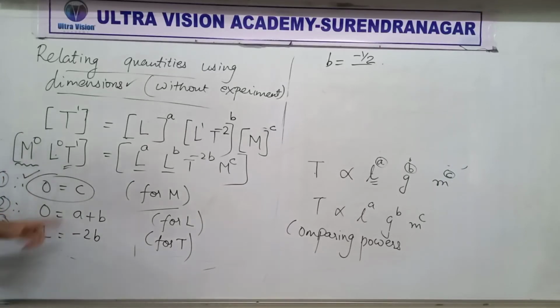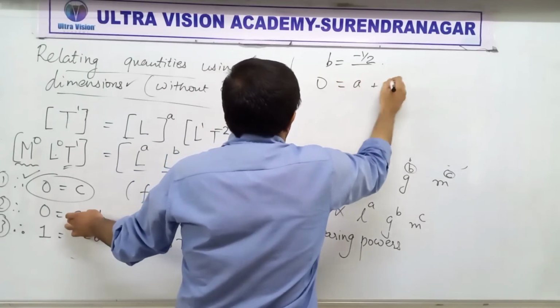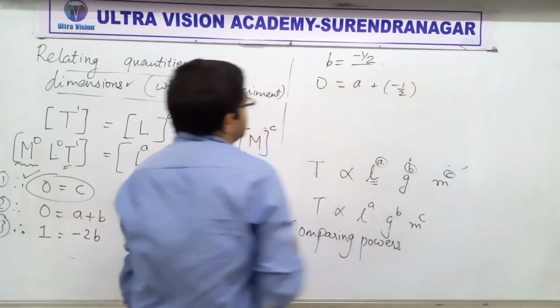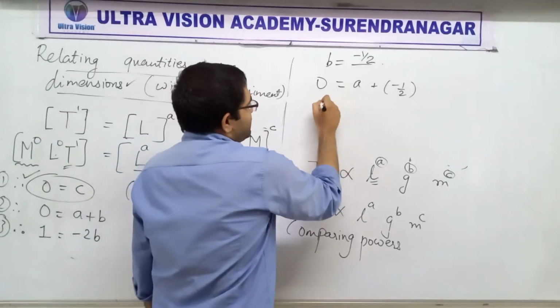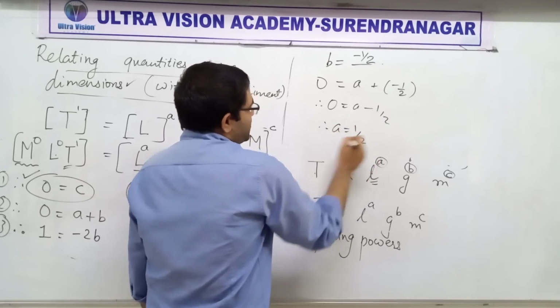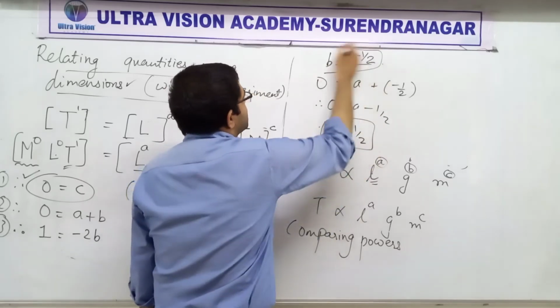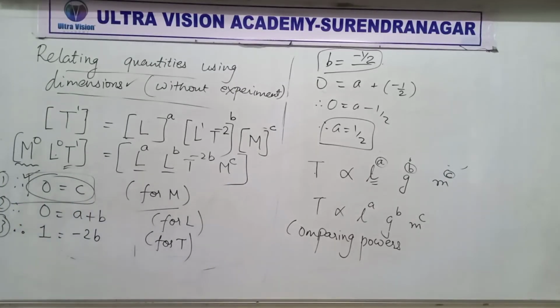When we put that value in the second one, we get 0 is equal to a plus minus 1 by 2. So 0 equals a minus 1 by 2, therefore a is equal to 1 by 2. So that's the final value. C is 0, a is 1 by 2, b is minus 1 by 2.